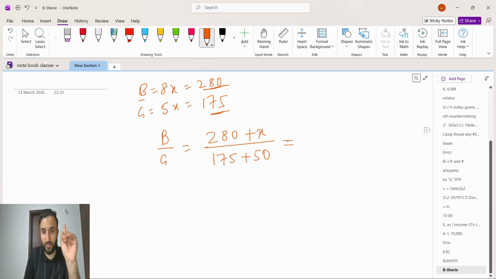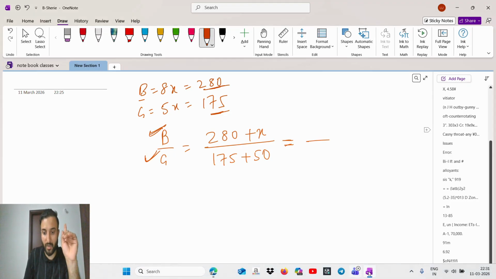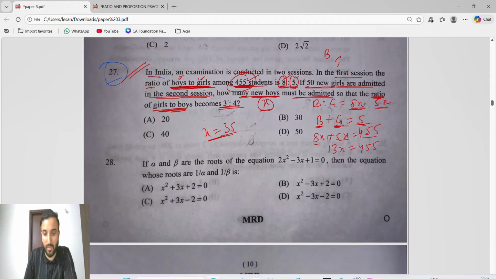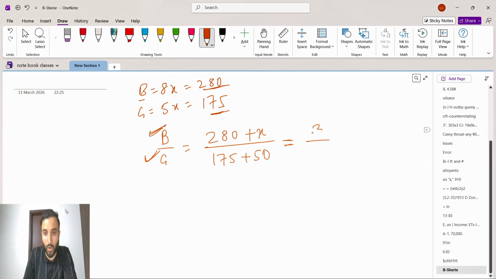Guys, now there is a twist. What did we study? We studied the ratio of boys to girls. But what have they given? So that the ratio of girls to boys becomes 3:4. Many students have taken boys to girls as 3:4.